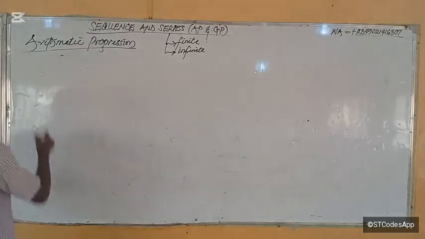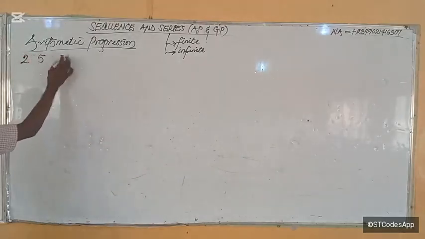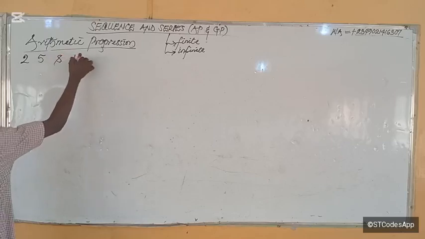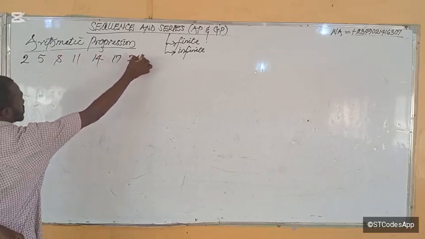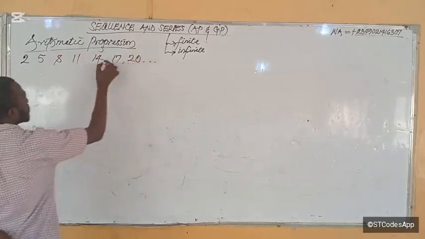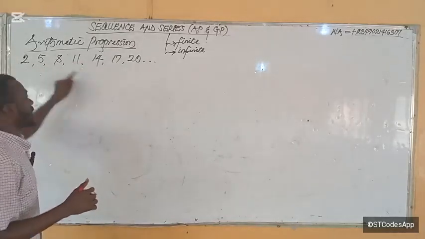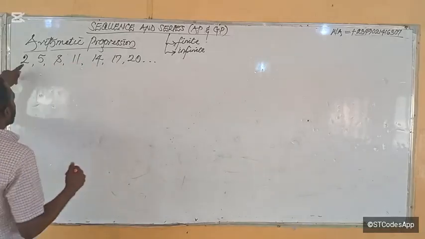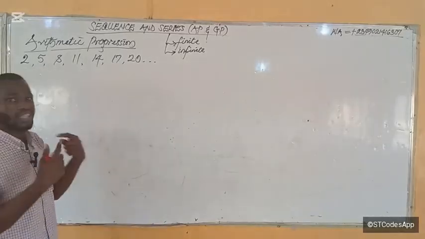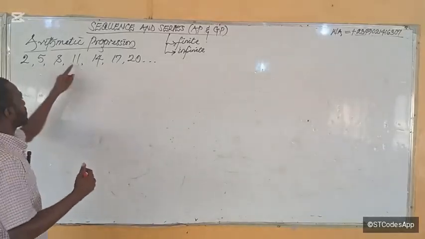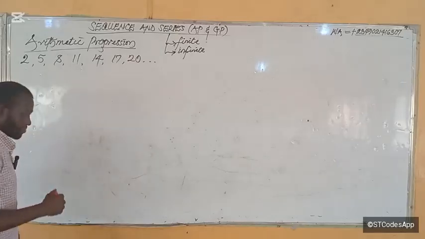So let's say I have 2, 5, 8, 11, 14, 17, 20, etc. Now, if I have this set of numbers, keep in mind that every number here is called a term. So the one appearing first is called the first term, this one the second term, third term, fourth term, fifth, and so on. Is that clear? All right.